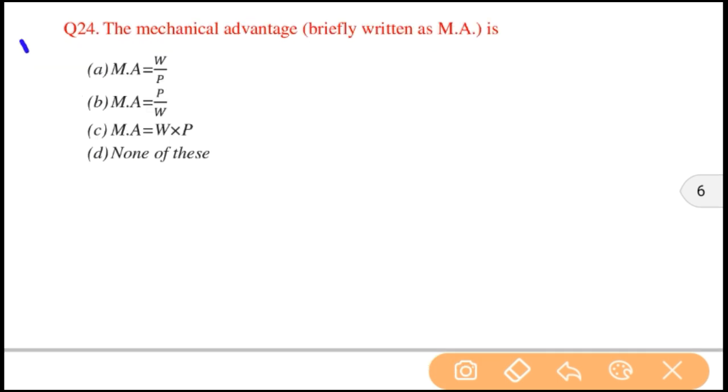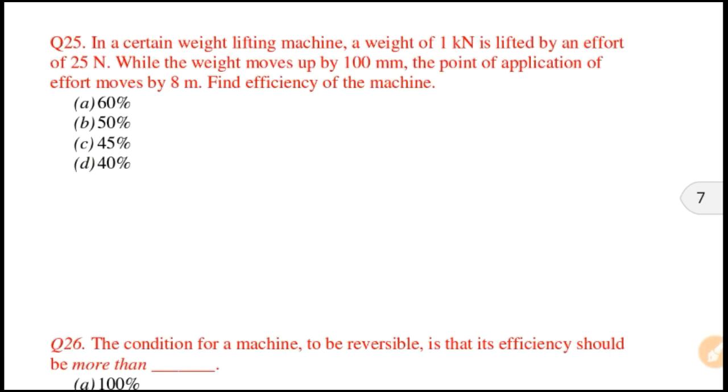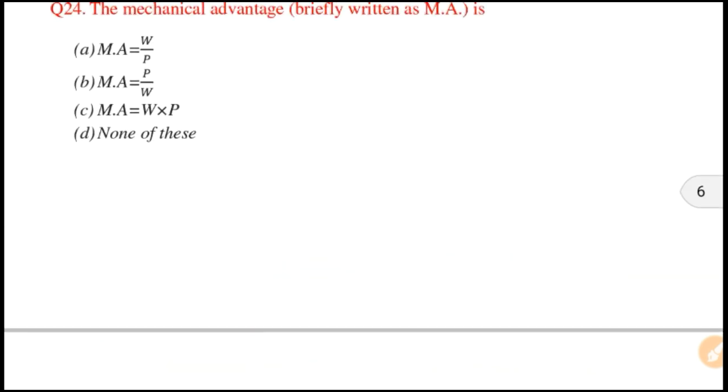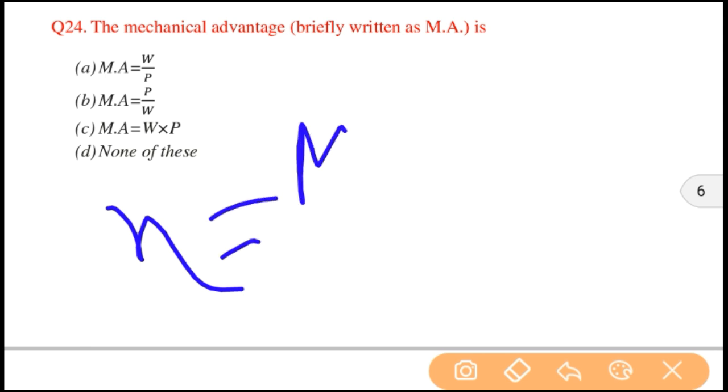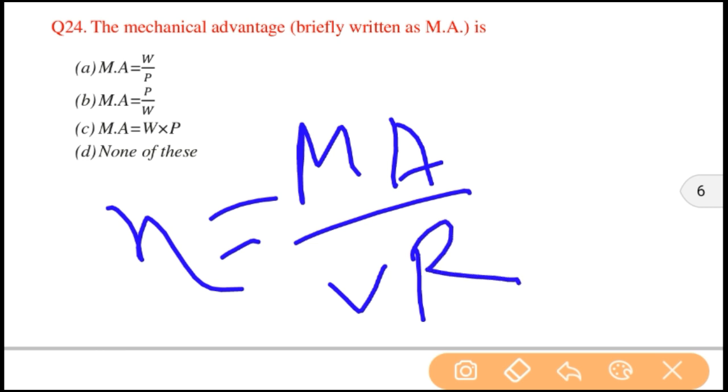In the next question, we have mechanical advantage, briefly written as MA. The formula for mechanical advantage is W by P. Option A will be the correct answer. Also, for a lifting machine, the efficiency is given by MA divided by VR, where MA is the mechanical advantage and VR is the velocity ratio.